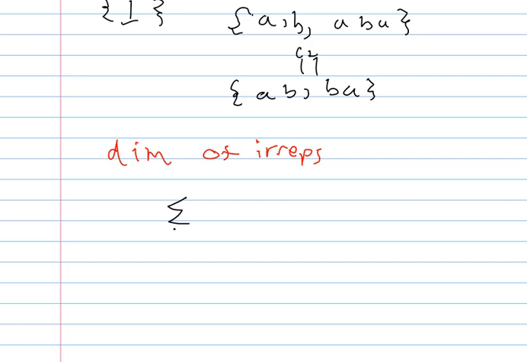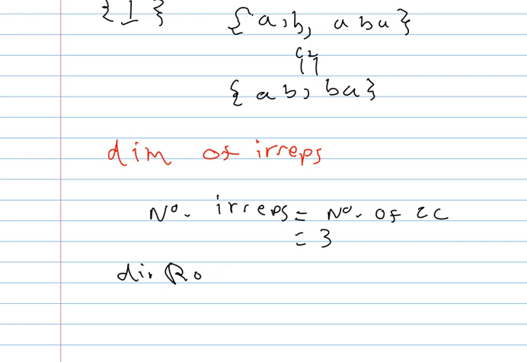The thing we use is that, first of all, the number of irreducible reps, technically complex irreducible reps, is equal to the number of conjugacy classes. And that means we have 3 conjugacy classes, so we have 3 irreducible reps. We know one of them has to be the trivial rep, so one of them we have already, and that has dimension equal to 1.